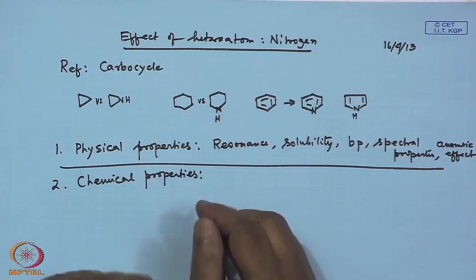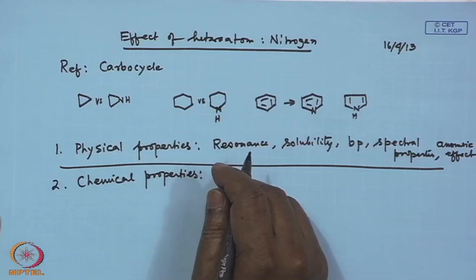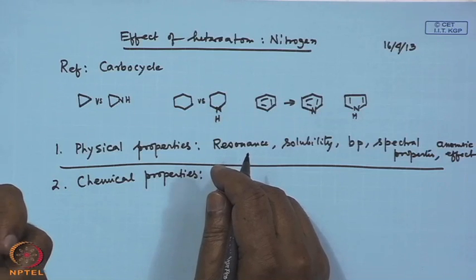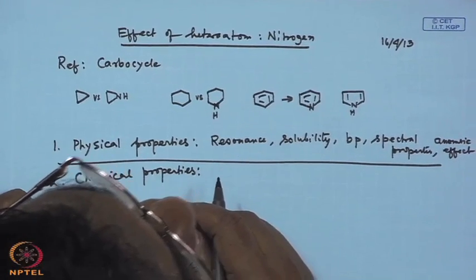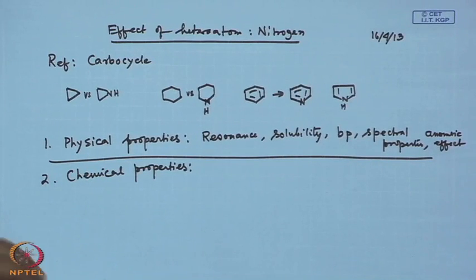When I say chemical properties, I think the very first thing that we talk about is acid base properties. This is basically chemical properties.